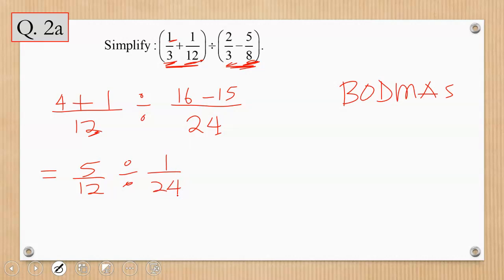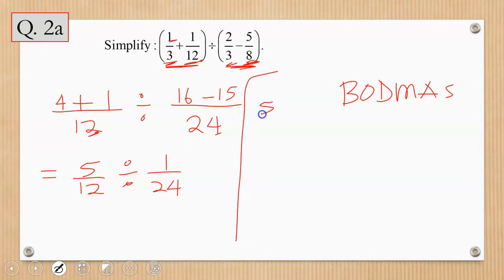Now, we need to simplify this further. 5/12 divided by 1/24. If you want to do division of fractions, we know that we always change the division to multiplication by reciprocating the second part of the work.